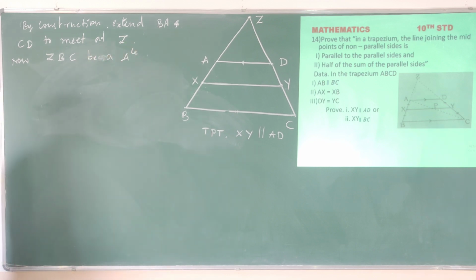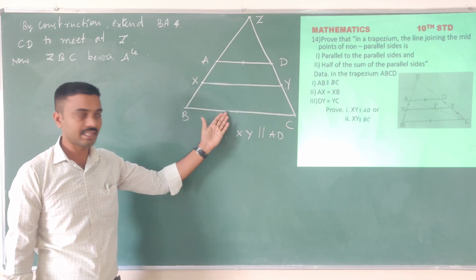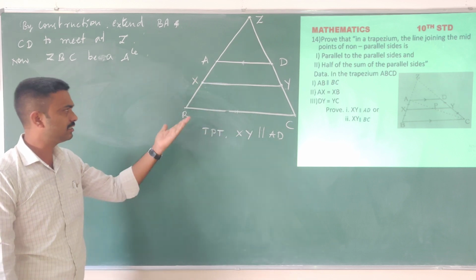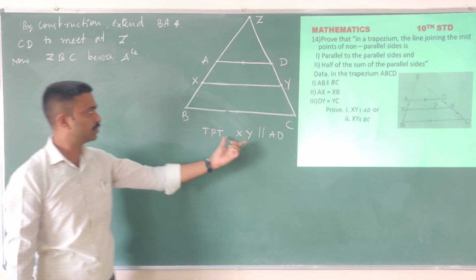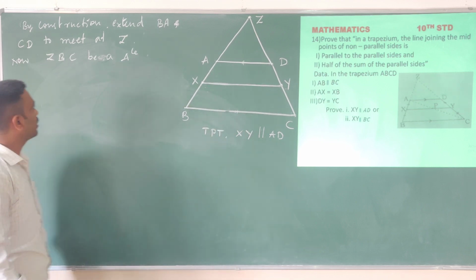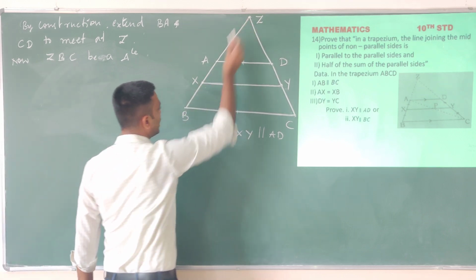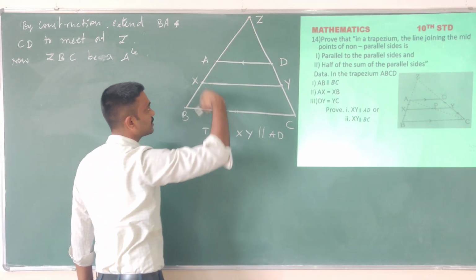Now ZBC is a triangle in the plane. Because a triangle has more properties than a trapezium, it is easy to show this condition when we complete this quadrilateral as a triangle. So now let us take the triangle ZBC.